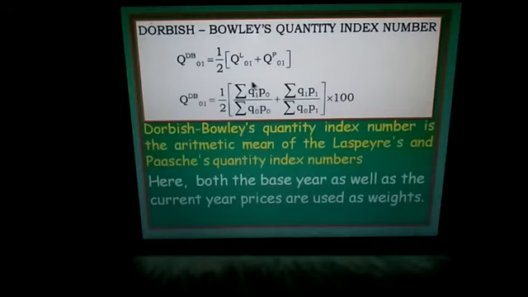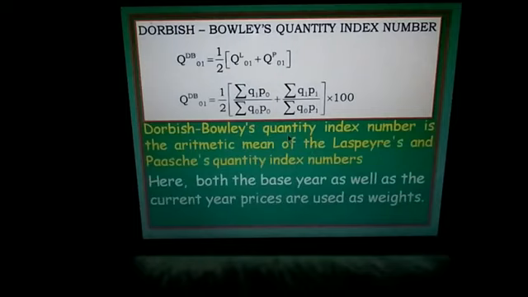The Q01L expression, we know already, has been replaced, and then Q01P also has been replaced with its expression, multiplied by 100 to express it in percentage form. So here Dorbish-Bowley's quantity index number is the arithmetic mean of Laspeyres' and Paasche's quantity index numbers. Look at the cursor for better understanding. This statement I just read.